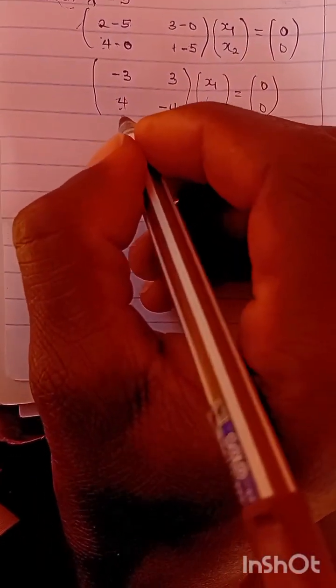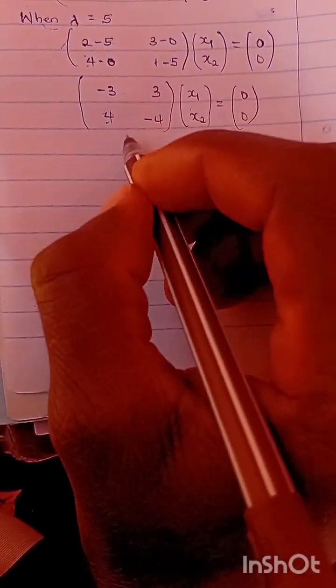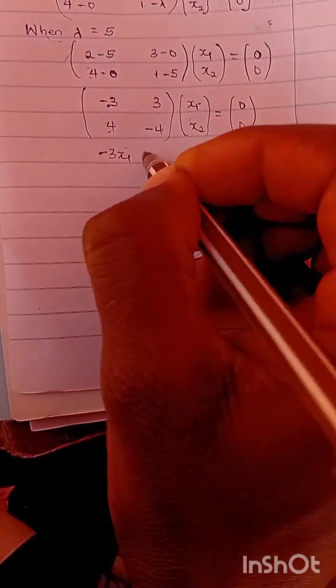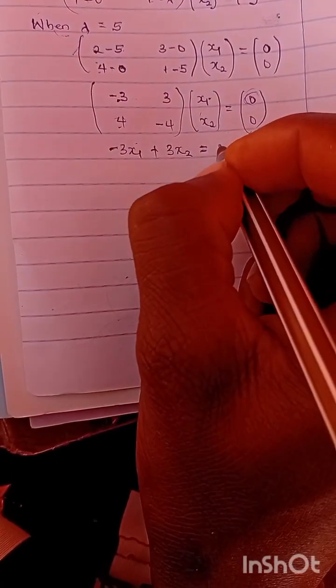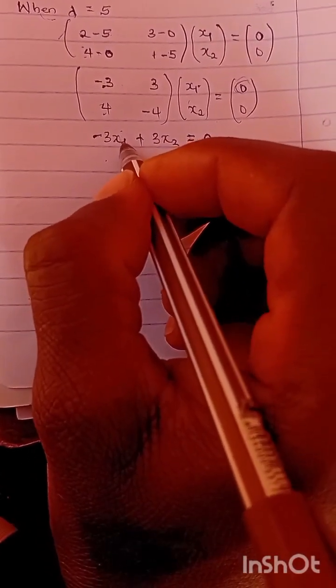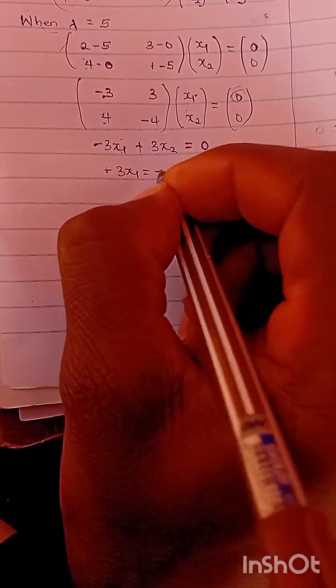So from here you multiply this matrix out: this times this, minus 3 times x1, then this times this, plus 3 times x2, will be equal to this element of the null vector, which is 0. So from here, making x1 the subject, you get minus 3x1 is equal to minus 3x2, and in that case x1 is equal to x2.